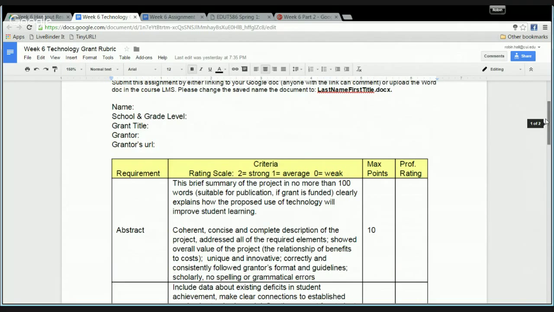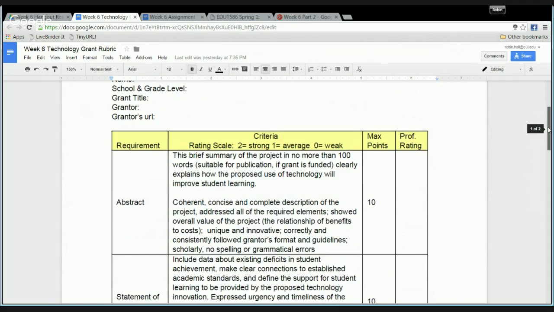I just want to make sure you understand that this is technical writing and that you don't ignore anything that's requested. If you just gloss over it or ignore it, your grantor will not fund it. And in this case, your professor will not give you full credit for that section. So make sure that you are fully meeting each component of the grant application.